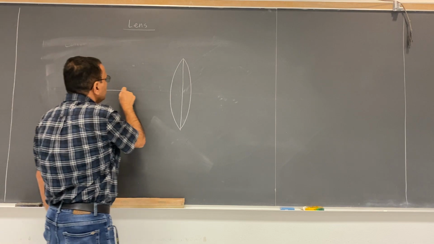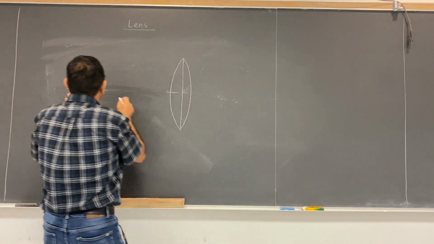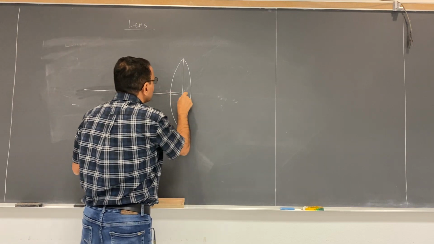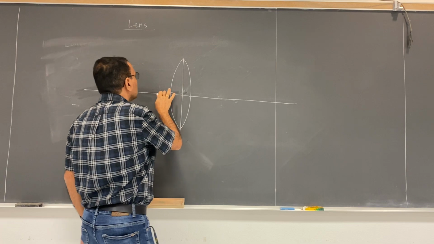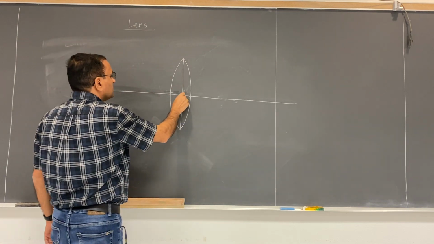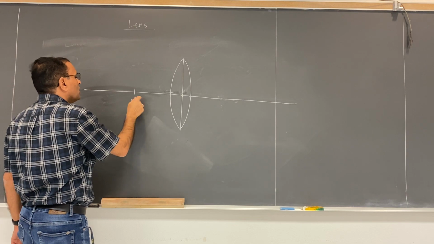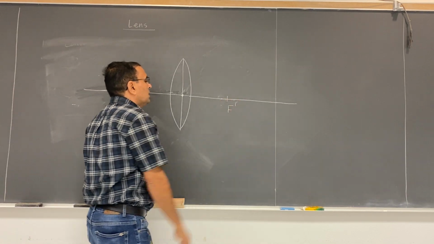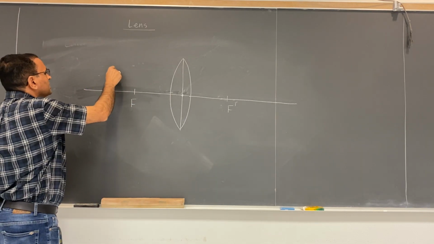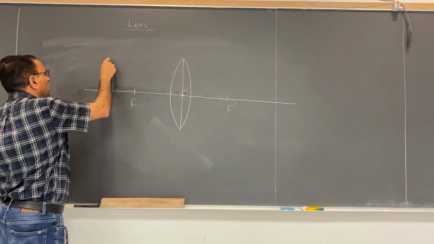And this is your principal axis. Okay, and this is the center of the lens. Here you have a focal point, you can call F, and you have another focal point, F prime. Now if you keep the object there, let us suppose this is object O prime.